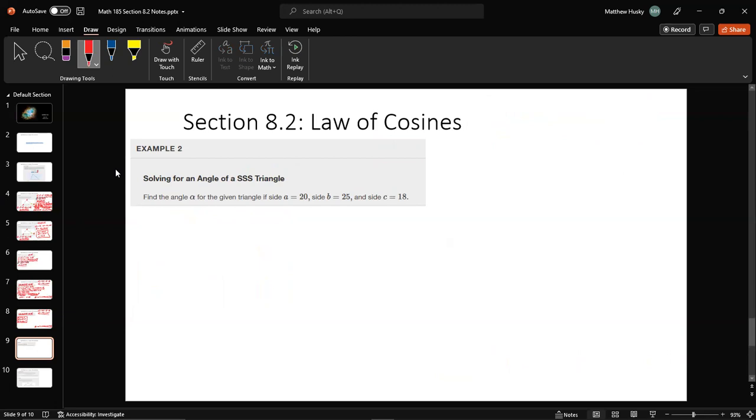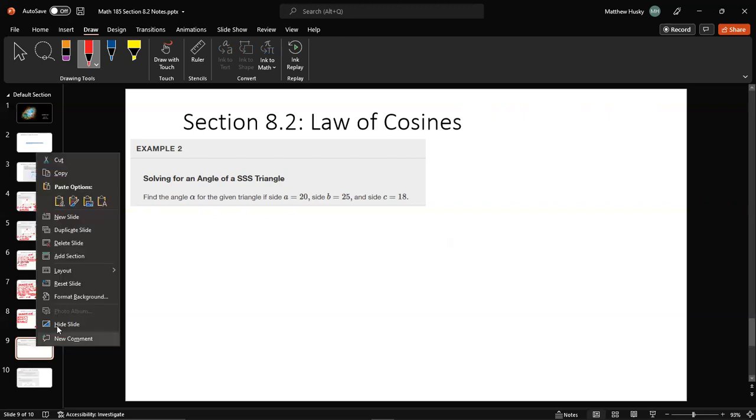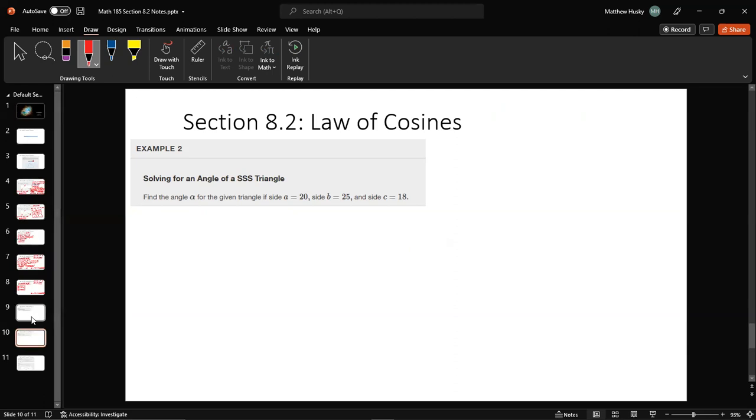So there's not necessarily anything particularly new or different about this one, but the interesting thing about it is that you're starting with nothing but sides, and it's possible to find the angles from that. Maybe I'll go ahead and make a copy of the slide right now, because I'm not going to fit all the work for this ginormous problem on only 1 slide.